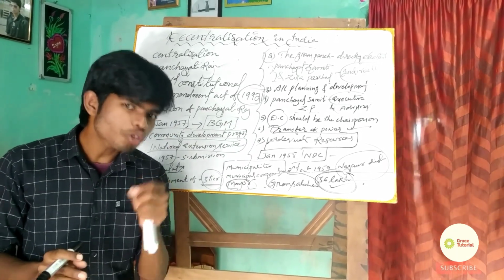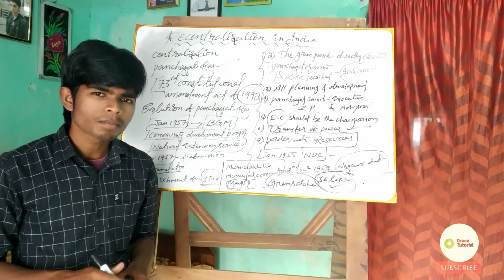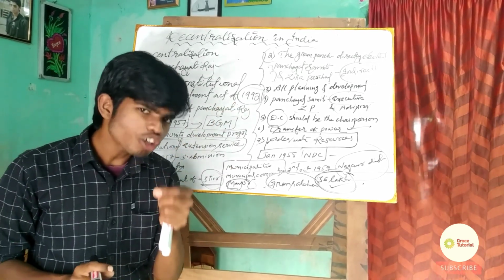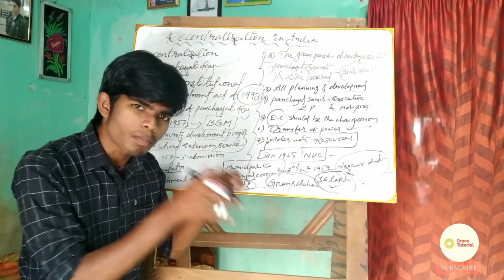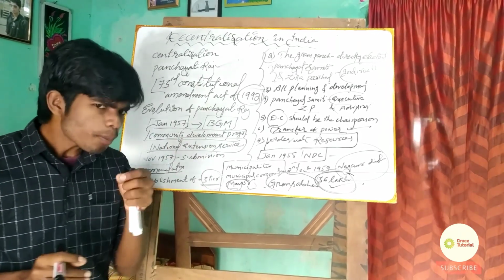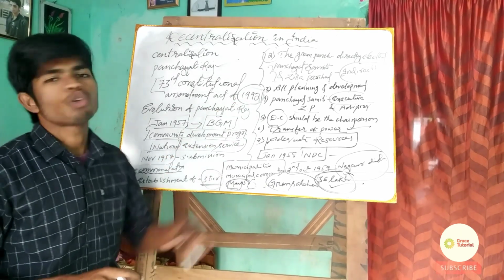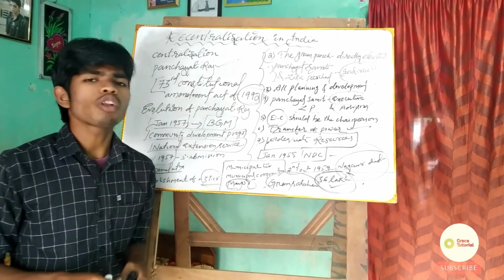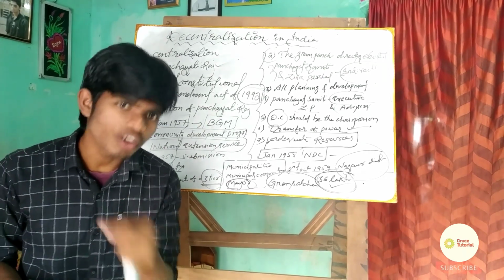But after this decentralization, after the Amendment Act of 1992, there is a voice of women in every elected body. So these are the major changes that took place after the Amendment Act of 1992. That's what we need to understand about decentralization in India.